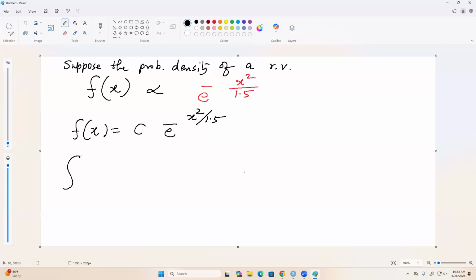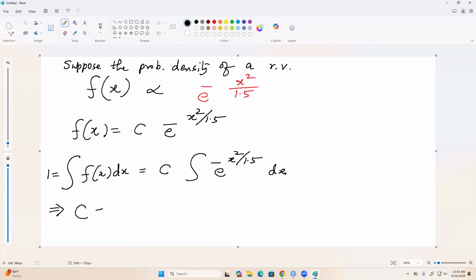And then I know this rule, because it is a probability density function, the integration of f(x) equals 1. So it is c times the integration of e to the power minus x squared over 1.5 dx. So c equals 1 over this integral, and this integration is from minus infinity to plus infinity.